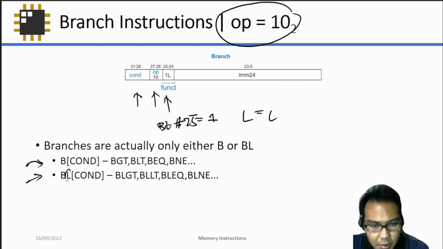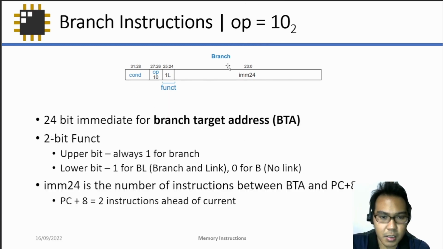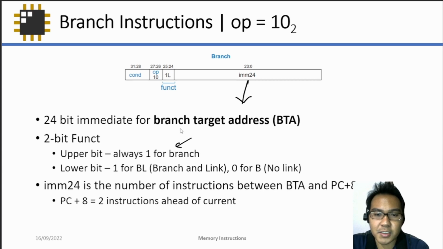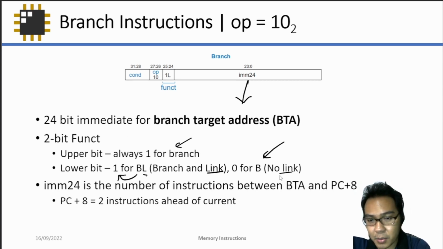You can see that in this slide. You have a 24-bit immediate for branch target address. The upper bit of the 2-bit funct is always 1 for branches, and the lower bit is 1 for branch and link and 0 for B. So the presence of the L means this is 1. If there's no L, then it's 0.